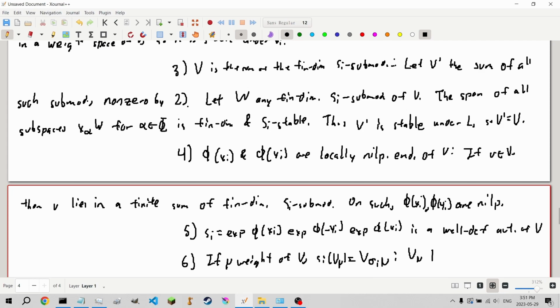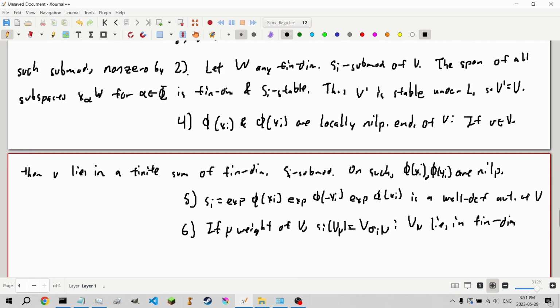And V mu lies in a finite dimensional Si submodule V prime, and Si of V prime is the same as the previous automorphism of this form we saw, so we essentially just copy that proof verbatim.